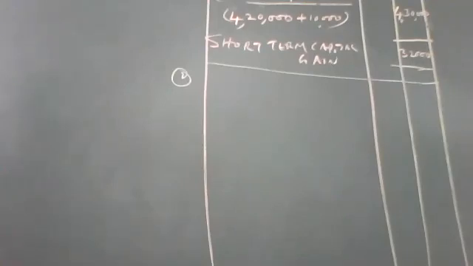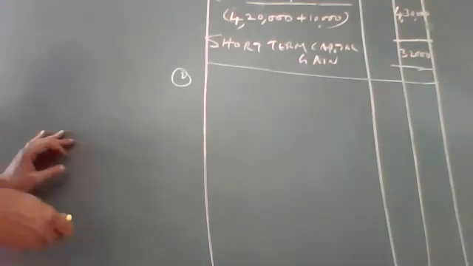See whether those assets can be depreciated or not. If it is depreciated, you can call them short-term capital assets. If it is a short-term capital asset, the gain you earn is called short-term capital gain. Okay, so same thing, same format.